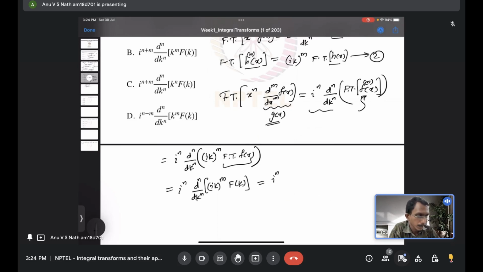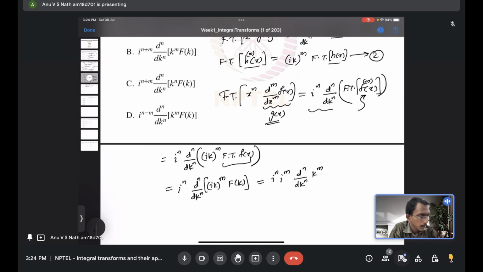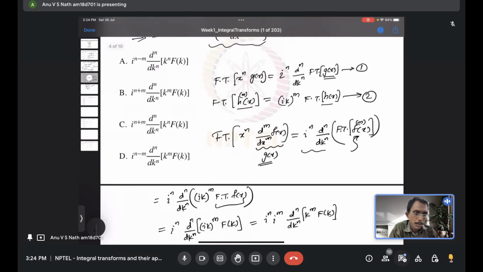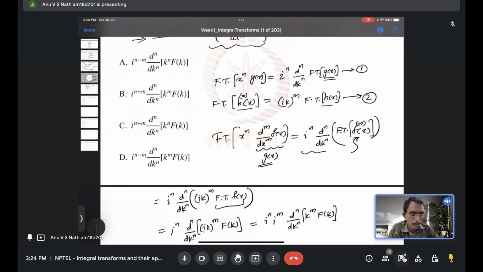So i raised to m, then i raised to n, then it's d raised to n by dk raised to n of k raised to m F of k, which is i raised to n plus m times the nth derivative of k raised to m F of k. So which is indeed option B. So option B is the answer.